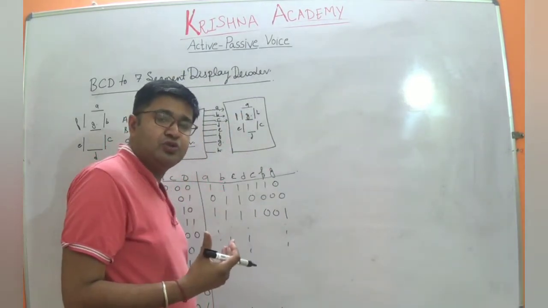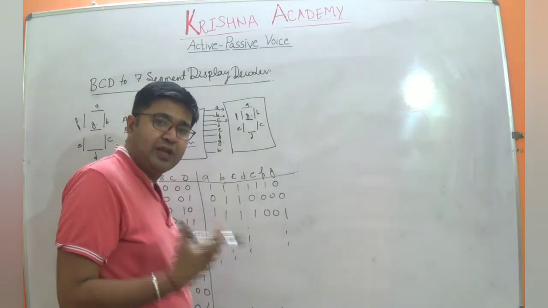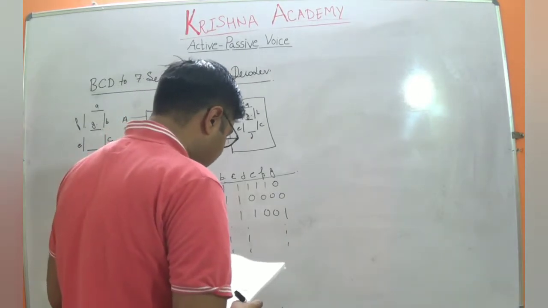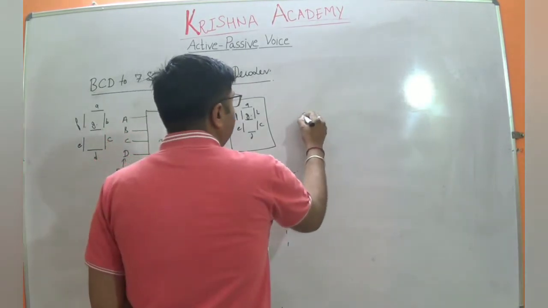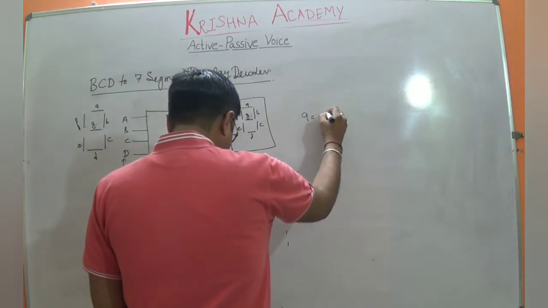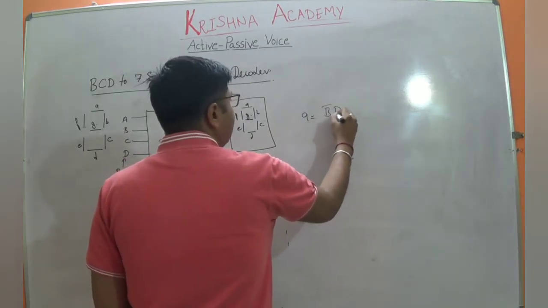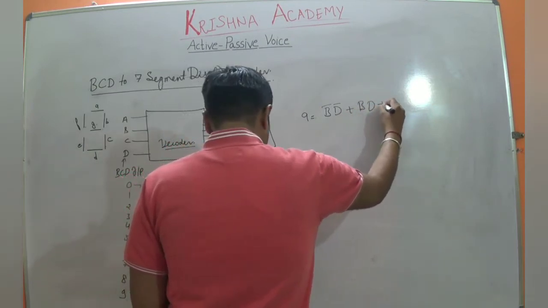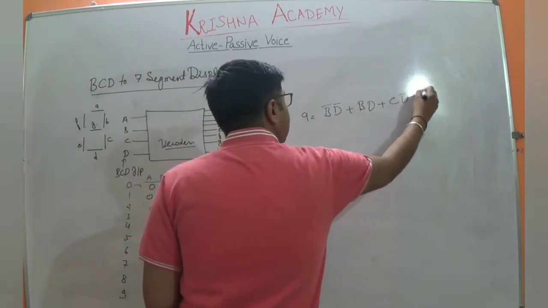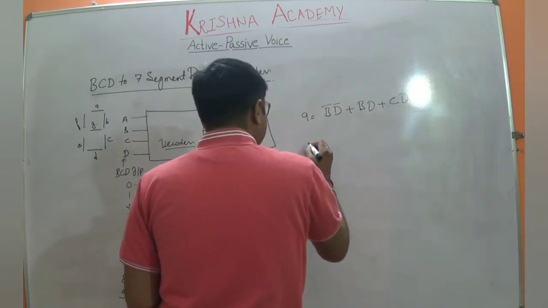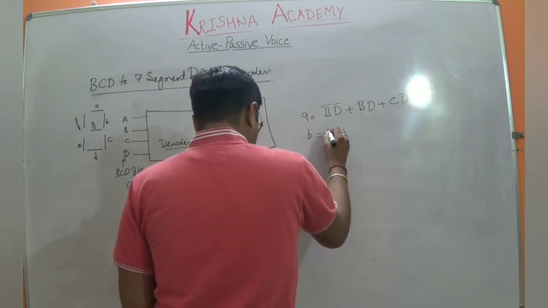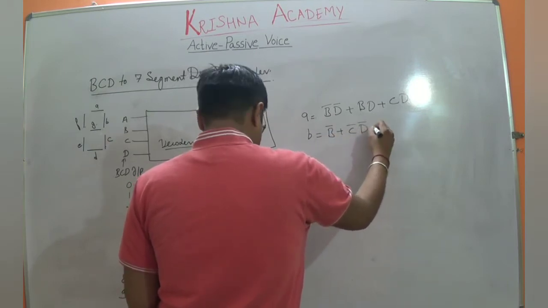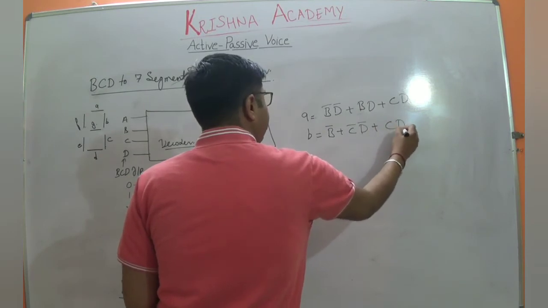As we have already understood, the Boolean function needs to be derived from the K-map. So after going through the K-map and each and every segment, you will get A as B bar D bar plus BD plus CD plus A. Same way, B will come as B bar plus C bar D bar plus CD.